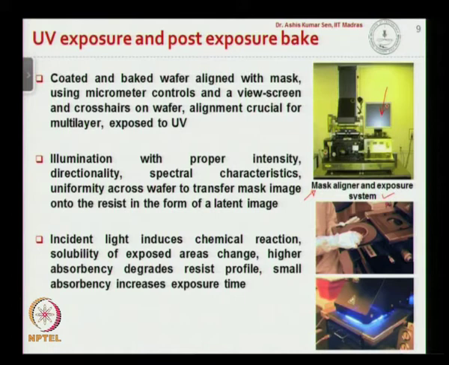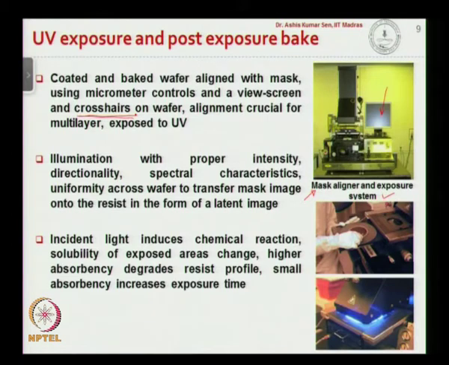And then on the mask, as I was telling, especially for multi-layer photolithography, you would have crosshairs on the wafer which will be aligned with the crosshairs in the mask, but for a single layer the crosshair alignment is not going to be important.